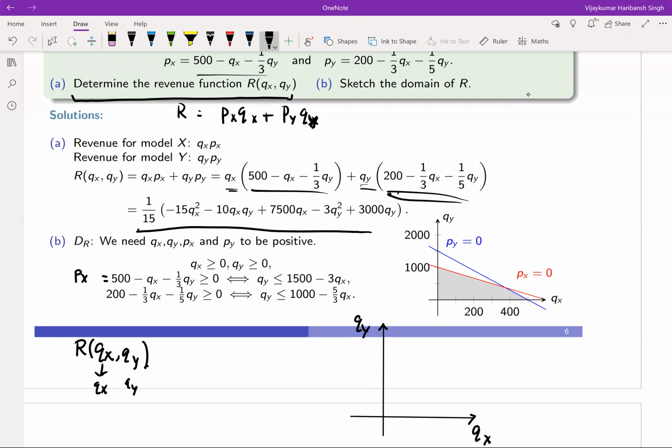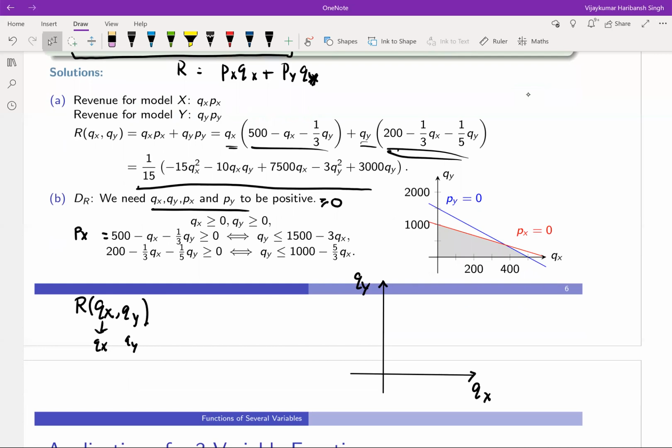So all these four quantities have to be greater than or equal to 0, right? So QX is greater than 0, QY is greater than 0. If you think about just x and y, QX greater than 0 means you are above the QX axis. QY greater than 0 means you're on the right of the other axis.